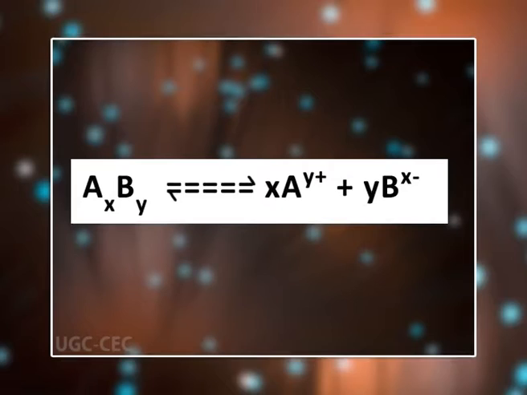Consider in general the electrolyte of the type AxBy, which is dissociated as AxBy in equilibrium with x times Ay positive plus y times Bx negative.